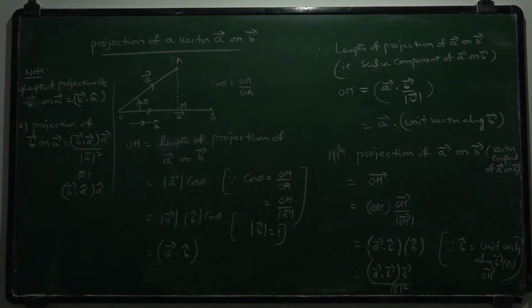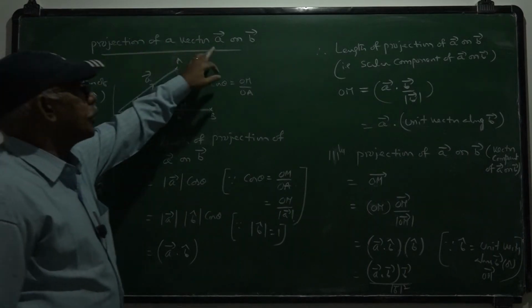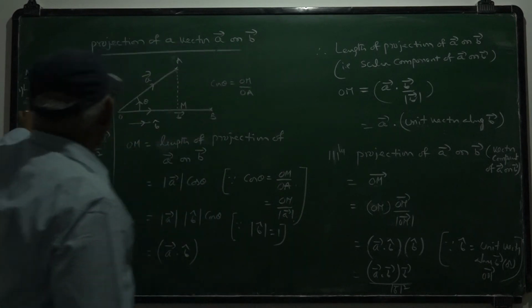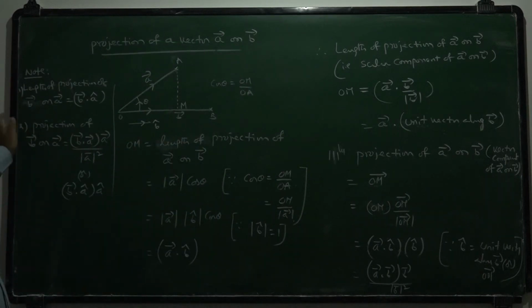Here the projection of A bar is needed on B bar, whereas here the projection of B bar is needed along the vector A bar. That is the difference between these two. Okay. So, these are the very important points related to the scalar product of vectors, the dot product of vectors.